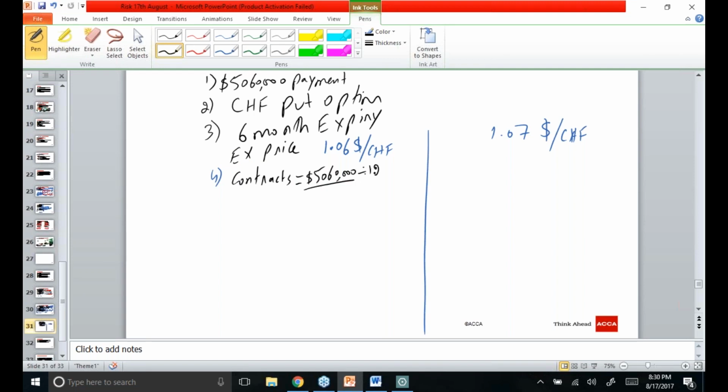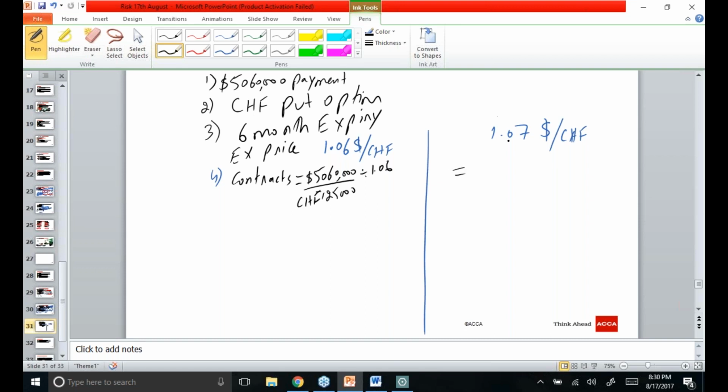There is 125,000 CHF, but these cannot be cancelled out, so we will have to convert it using the exercise price.